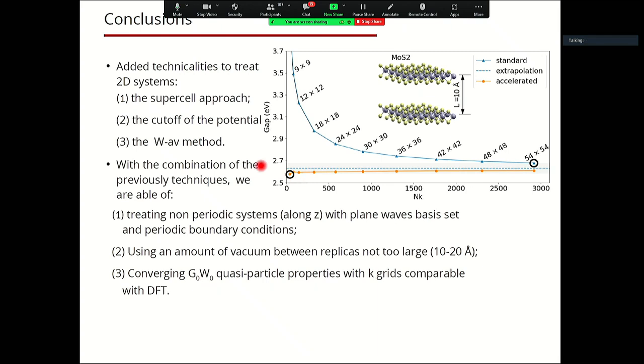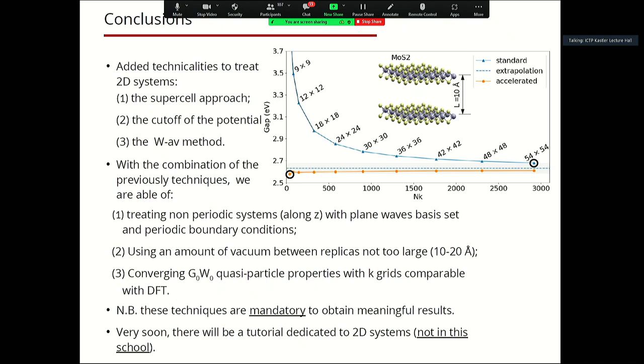So with the combination of these three techniques, we are able to treat non-periodic systems with a plane wave basis set, to use an amount of vacuum which is not too large, like from 10 to 20 Angstrom for the case of monolayer, and to converge the quasi-particle properties with grids which are comparable with density functional theory calculations.